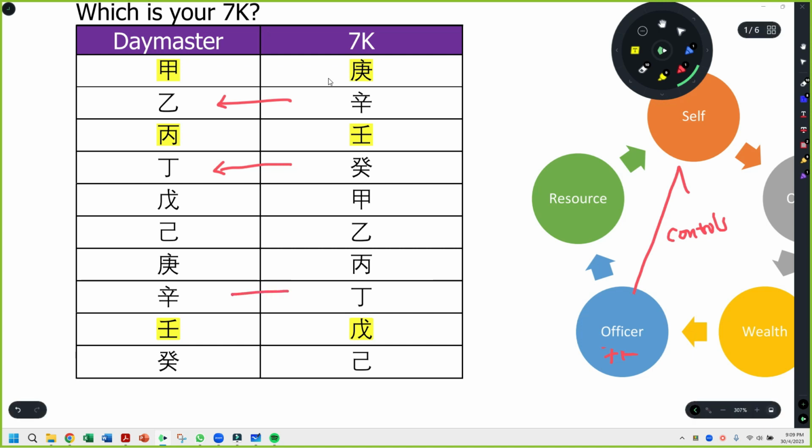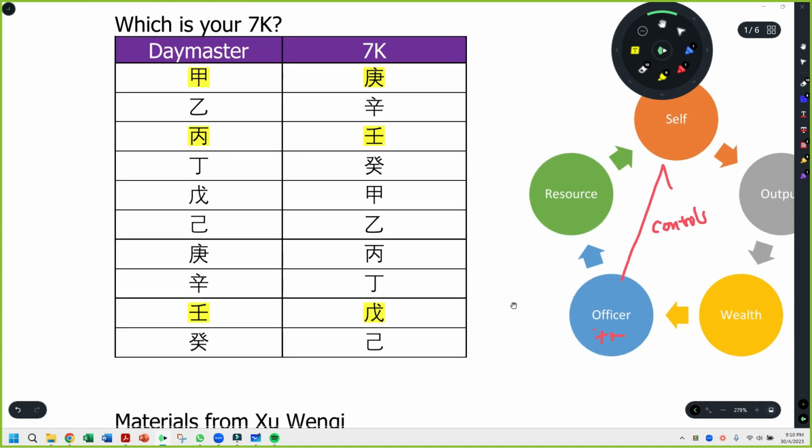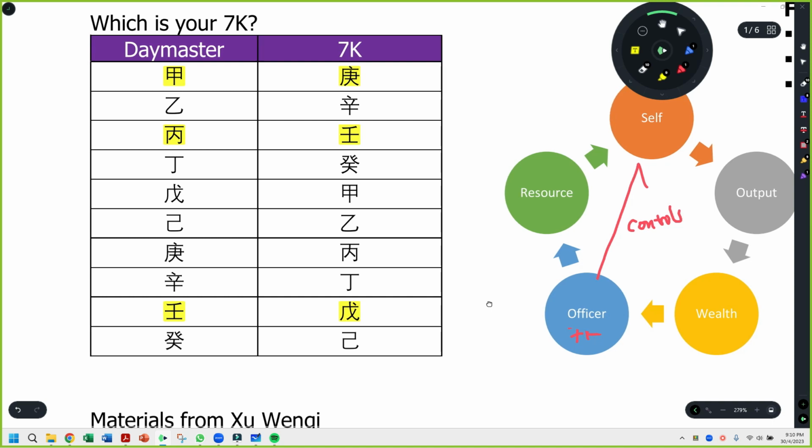And neither does the Xin metal welcome the use of the Ding fire, for the fire burns this metal to a crisp. So as we explore the seven killing, we may also want to look at it from the strength of the day master and whether generally they welcome seven killing or not. So we'll start from there.